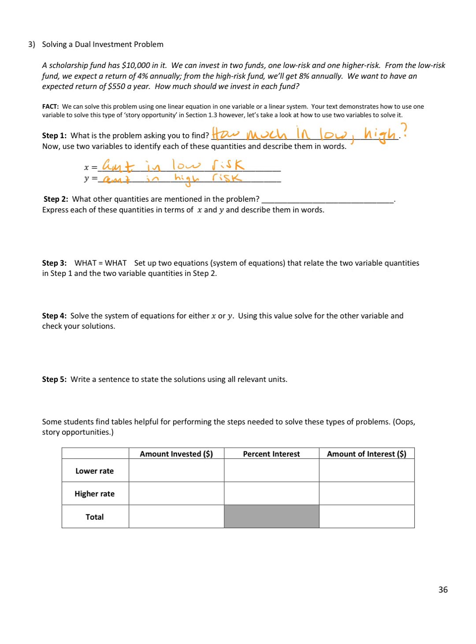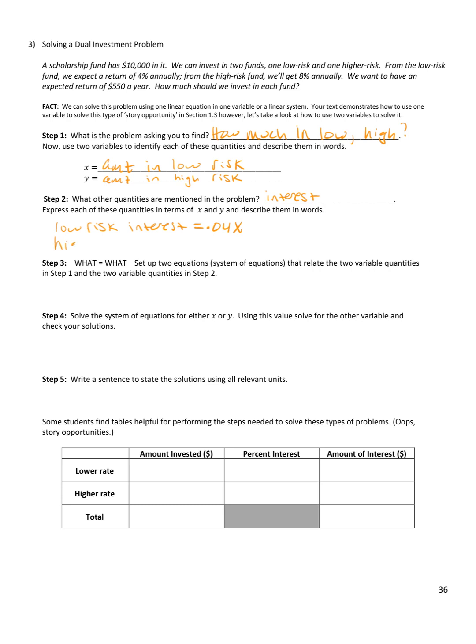And what other quantities are mentioned in the problem? Interest. Okay. So I want to express each of these quantities in terms of x and y and describe them in words. So low risk interest, that would be 4% of however much we invested, right? So this would be 0.04 times x, because we invest x in the low risk.